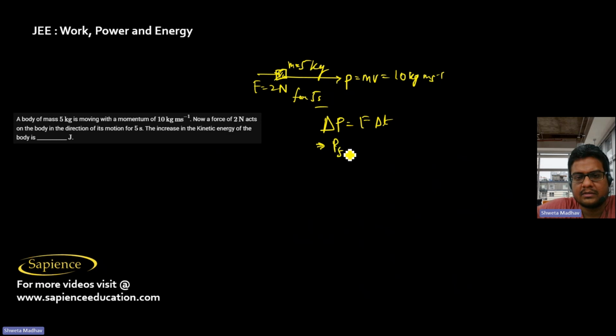P initial is mu, that is 10 kg meter per second. Now P final means mv, that we have to find, that is equal to mu plus F delta T.